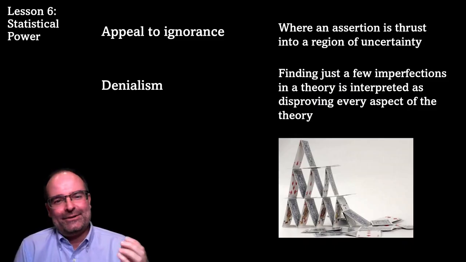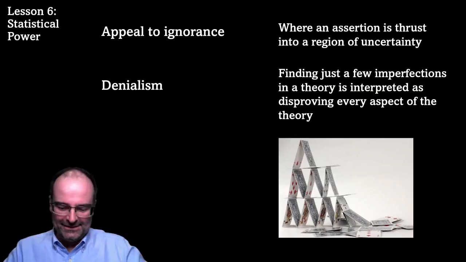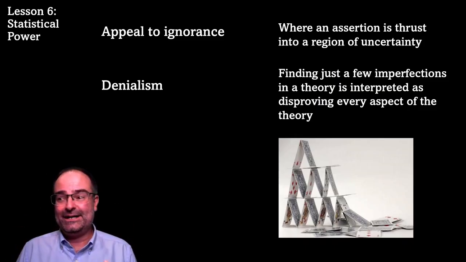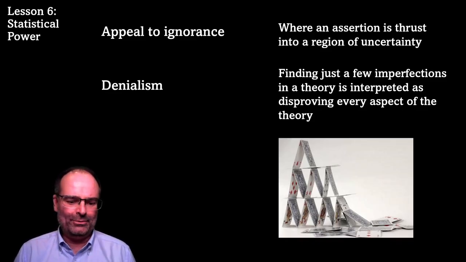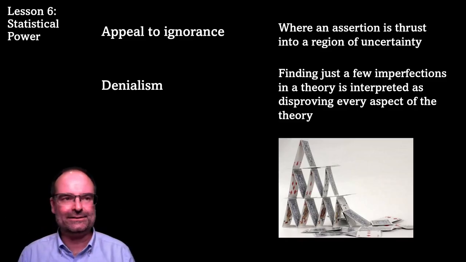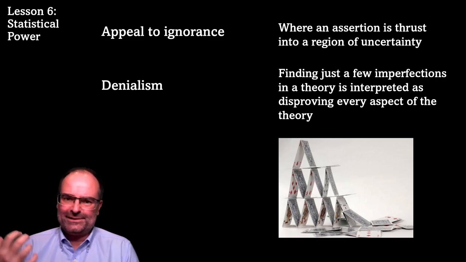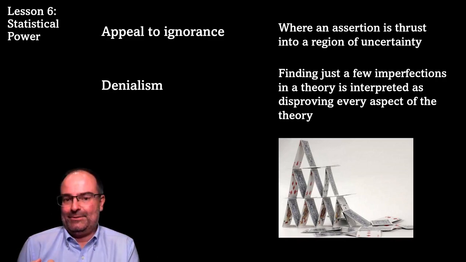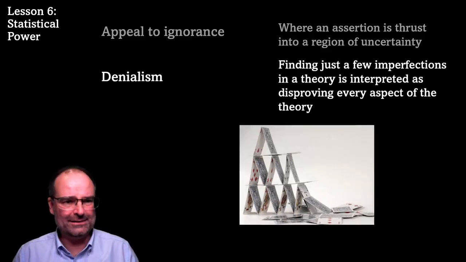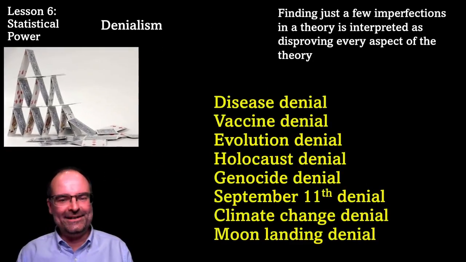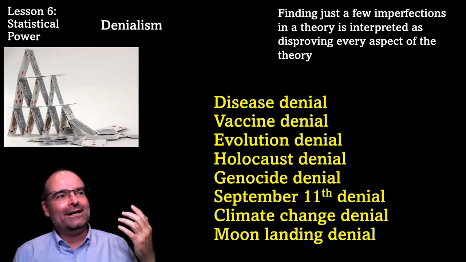This is how the appeal to ignorance works, and in its fullest, most dangerous form, it becomes something called denialism, where people assume that by just pulling one card out, everything's going to collapse. It's dangerous. It means it's certainty versus someone who's not certainty, and the certainty wins. It's a lot less funny, unfortunately, than the television example I showed you.